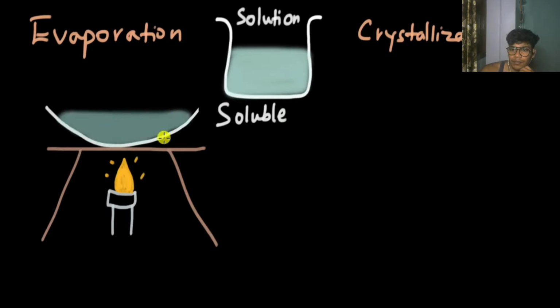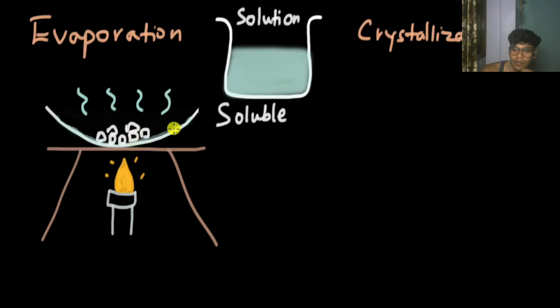When you start heating the solution, the water in the solution starts evaporating, turning into water vapor, right? And when the entire water has evaporated, all that is left behind is the solute or salt in this case, and crystals of such salt are obtained in the evaporating dish. So that is how we can separate the dissolved solid from liquid.